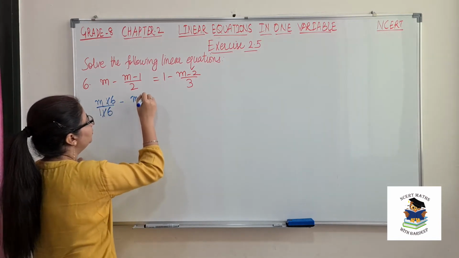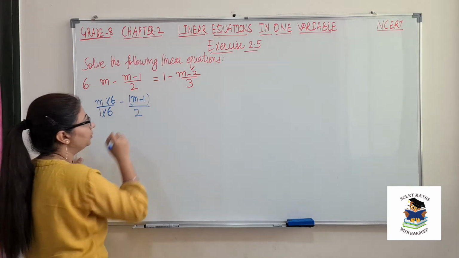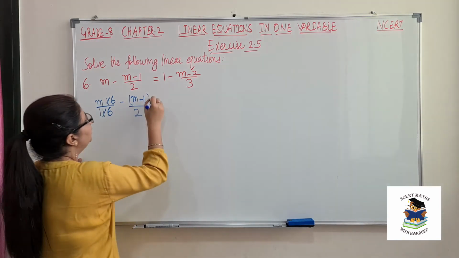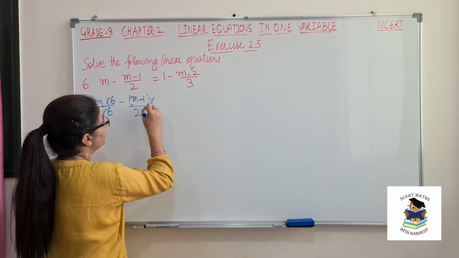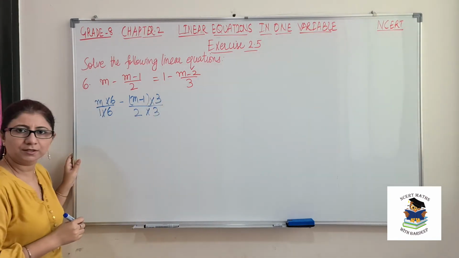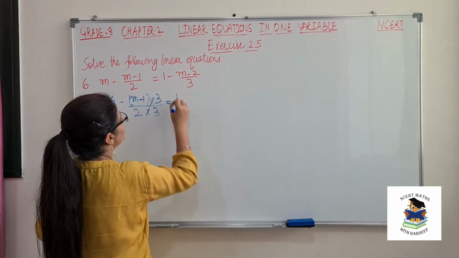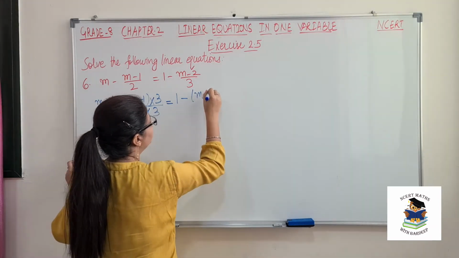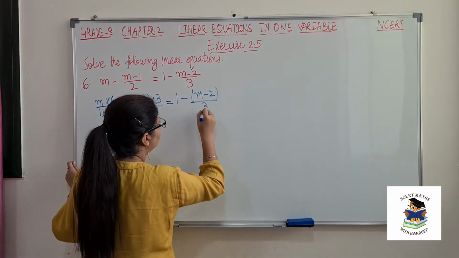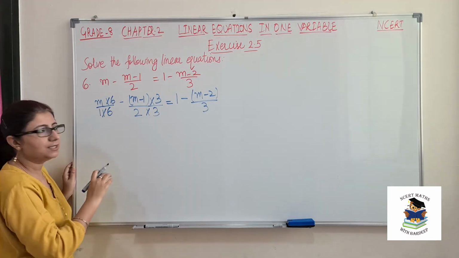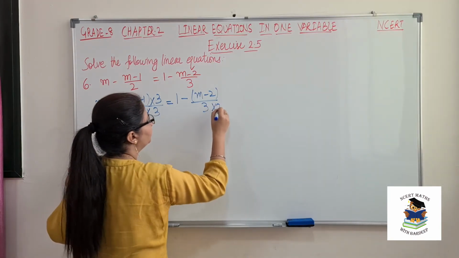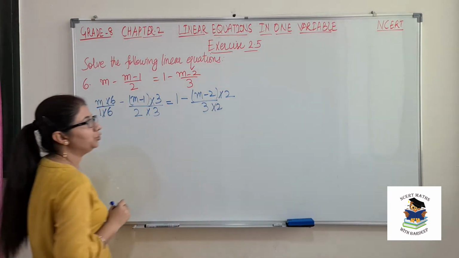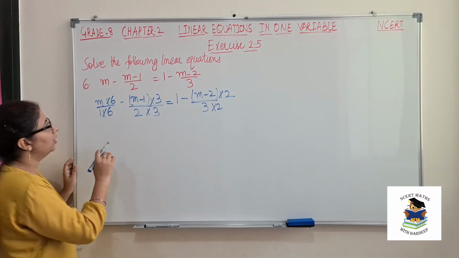Next term, again we have two different terms, so we will put a bracket, and to make it 6 we should multiply this with 3. So next is 1 minus. Again we have two separate terms and outside this we have a minus sign, so we will put a bracket and multiply this with 2. Correct? So now let's solve this.